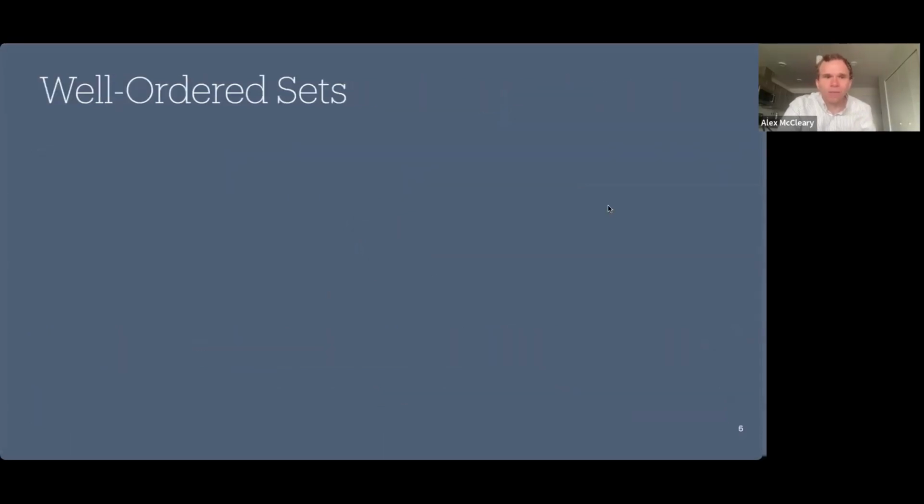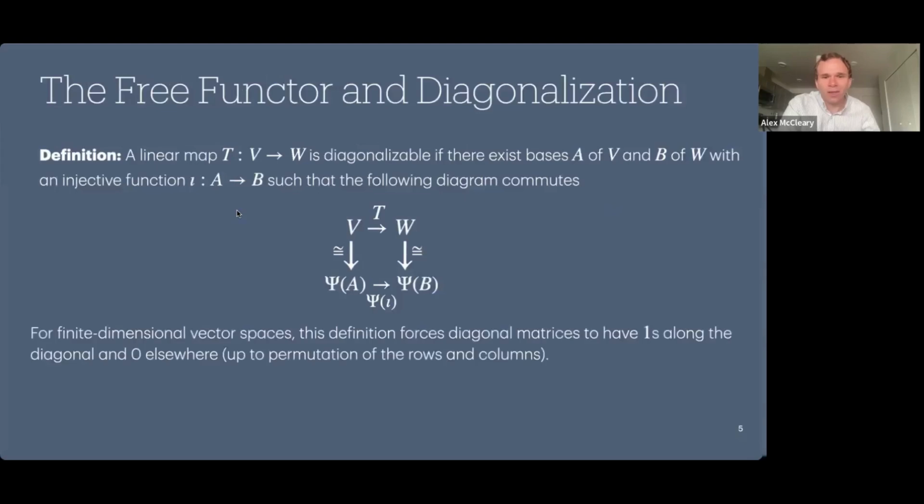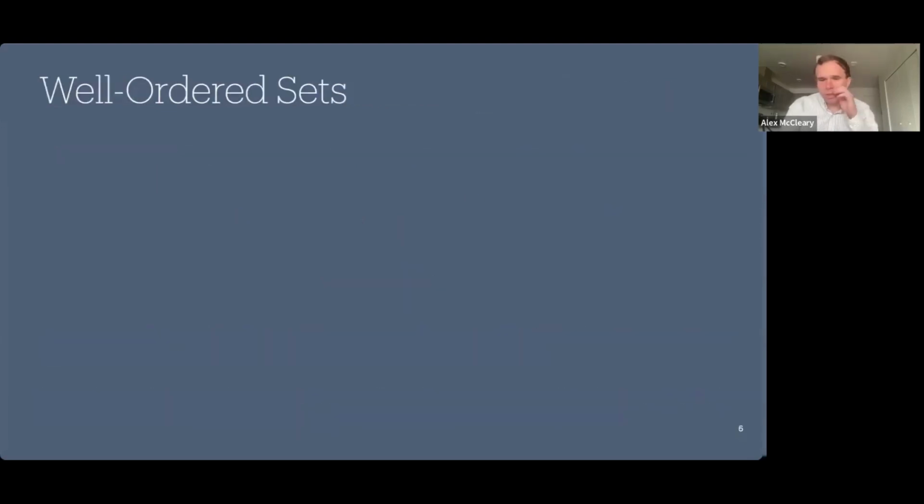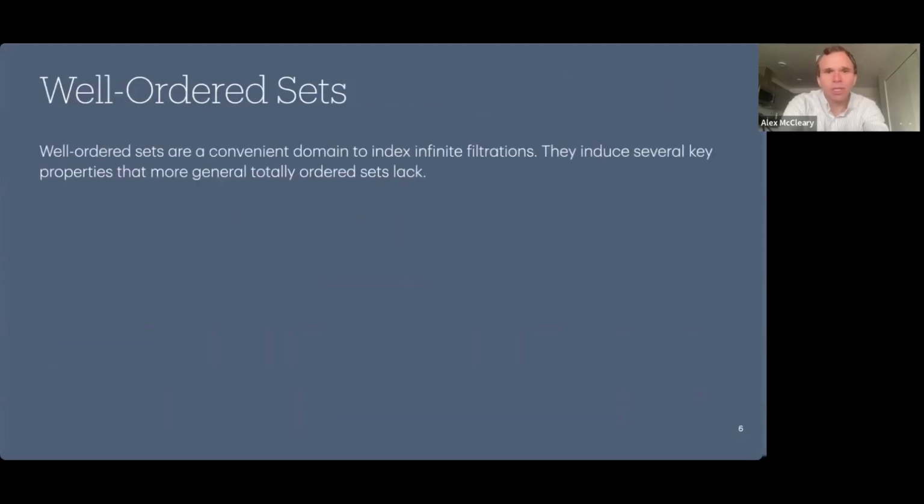Okay, so moving on. The domain we'll use for persistence here: typically in persistent homology, one uses the real line to index filtrations. And that's perfectly fine if you have finitely many cells, but when you have infinitely many cells, you need some means of controlling how things come in.